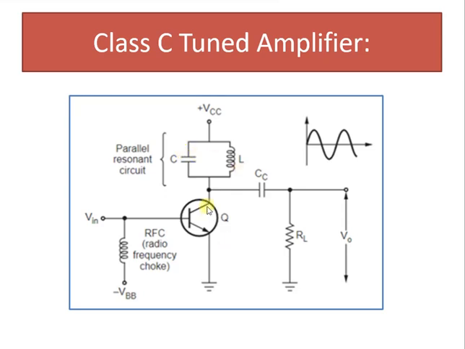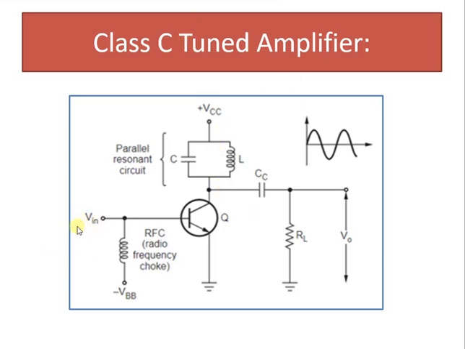And you can see the collector terminal, base terminal and the emitter terminal. The collector current flows for less than half a cycle. Hence it will consist of a series of pulses with harmonics of the input signal. This will filter the harmonic frequencies and produce a sine wave output voltage consisting of only the fundamental component of the input signal.